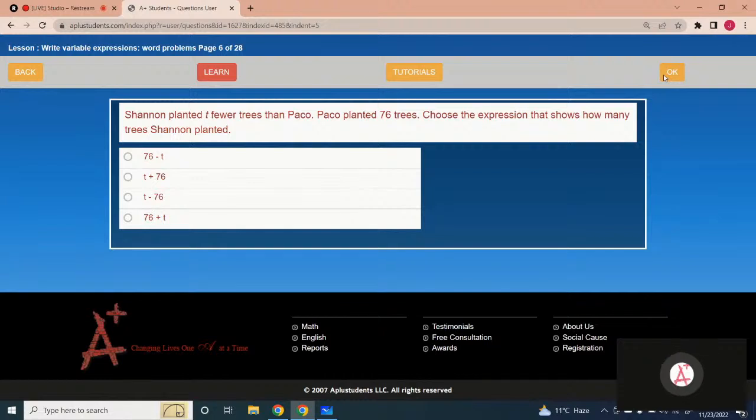Okay, Shannon planted T fewer trees than Pecco. Pecco planted 76 trees. Choose the expression that shows how many trees Shannon planted.